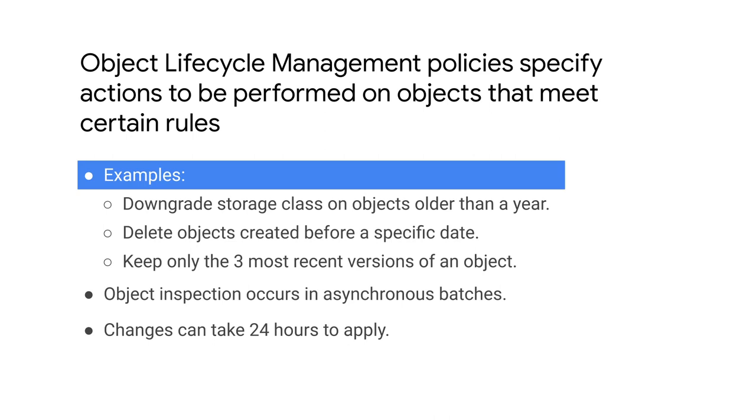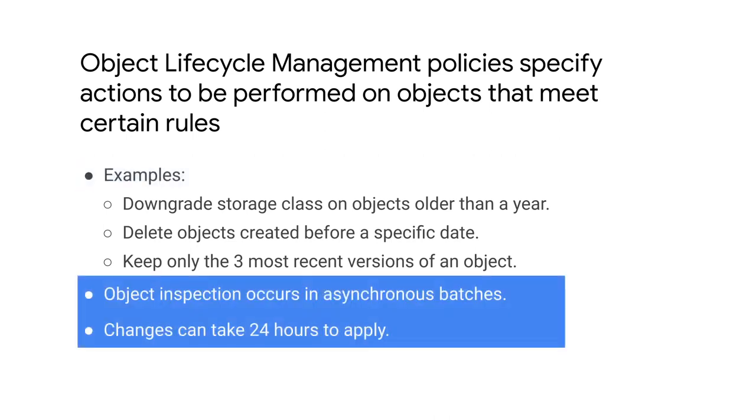First, downgrade the storage class of objects older than a year to Coldline storage. Second, delete objects created before a specific date, for example, January 1st, 2017. Or third, keep only the 3 most recent versions of each object in a bucket with versioning enabled. Object inspection occurs in asynchronous batches, so rules may not be applied immediately.